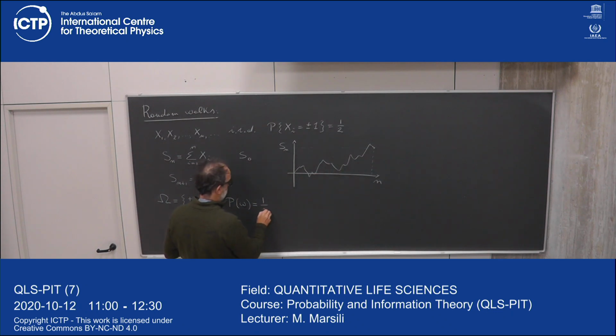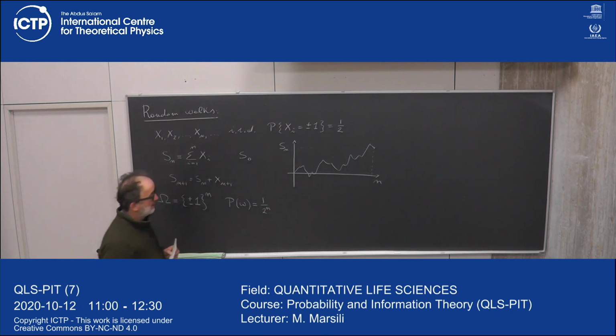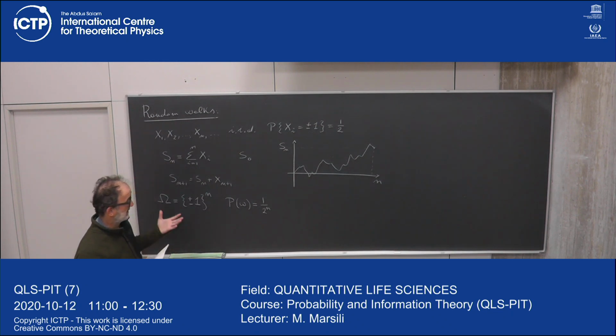So its probability is 1/2 to the n. So essentially, if we want to solve problems that have to do with random walks, what we have to do is count paths.